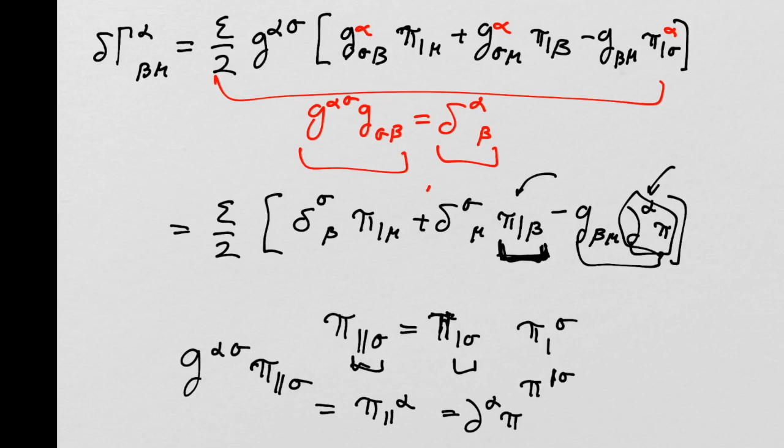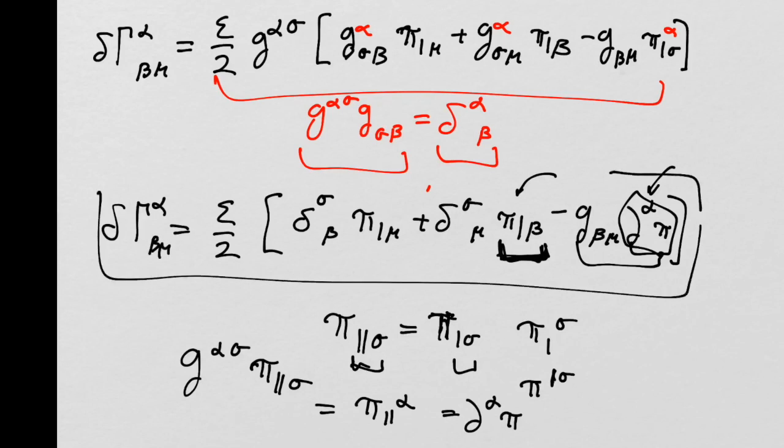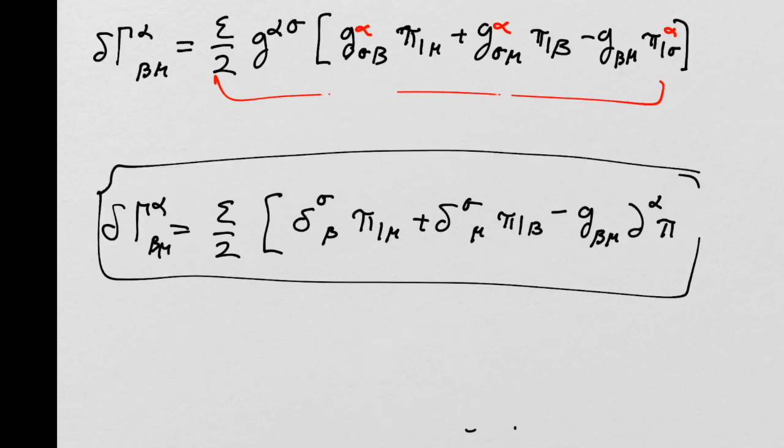Okay, so this is the variation of the connection. Let me clean up this back part. Now with the variation in the connection, you can calculate the variation of the Riemann tensor, mu, nu, alpha, beta.